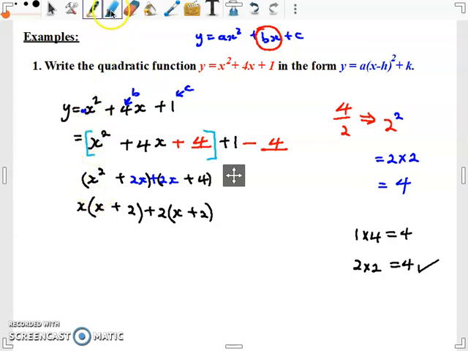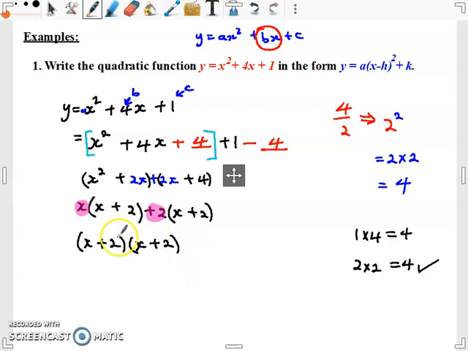And as I always say, we combine the x on the outside with this positive 2, so that gives us x plus 2 for the outside. And in the bracket you also have x plus 2 again. So we put our x plus 2.